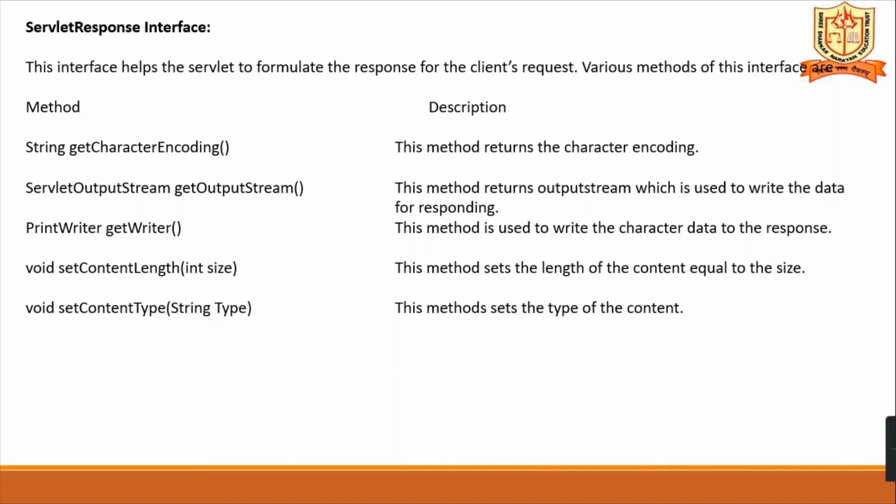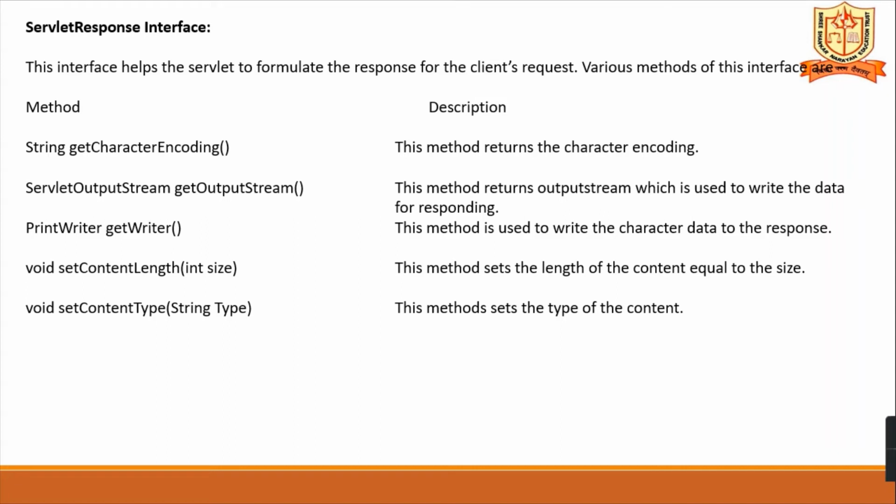And the getWriter method is used to write the character data to the response. setContentLength, with a parameter having the size, sets the length of the content equal to the size. setContentType sets the type of the content.